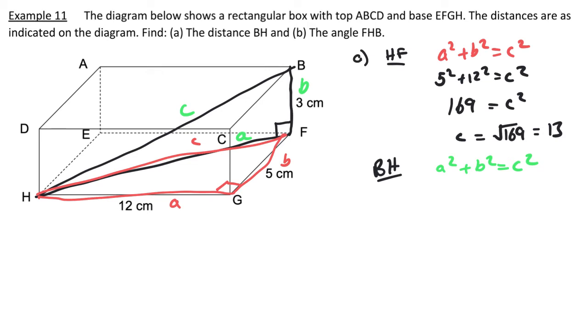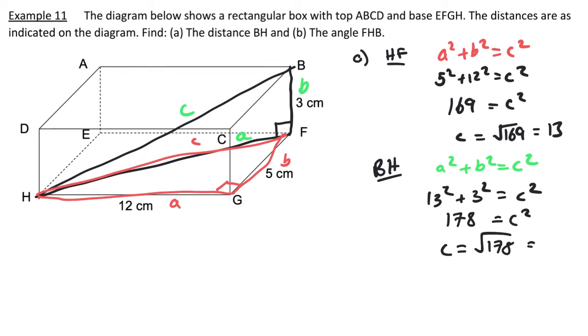Putting in our values, we've just worked out the length HF to be 13, so that's 13 squared plus 3 squared equals C squared. That's 169 plus 9, which is 178, is C squared. So C is the square root of 178, or 13.3 centimetres.